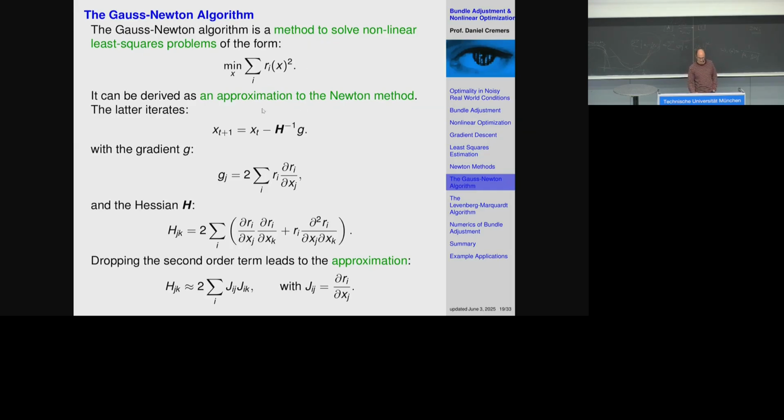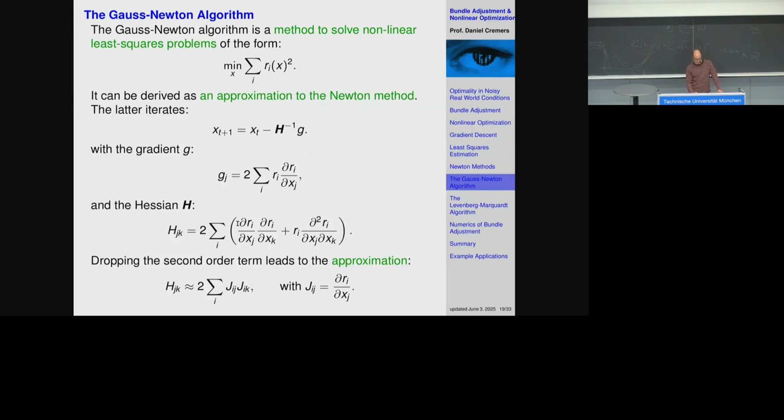What does that mean? It means we compute the first derivative of this loss function. This is it. Chain rule, right? The gradient. So Ri times dRi by dxj. We saw that before. And then in the Newton method, in the update, we need the Hessian matrix. So we compute the Hessian matrix, which means we take the derivative of the derivative.